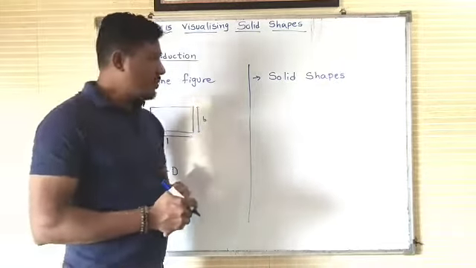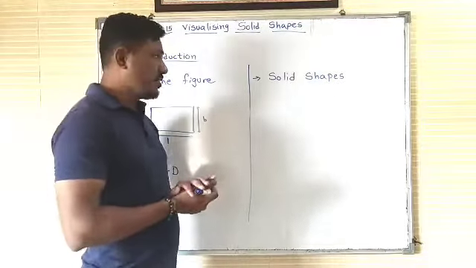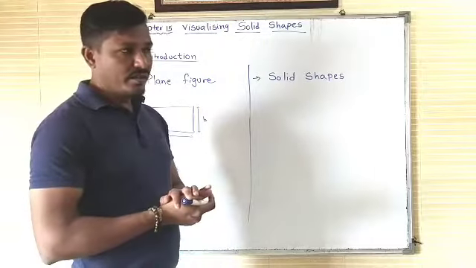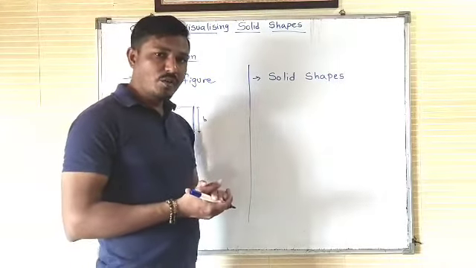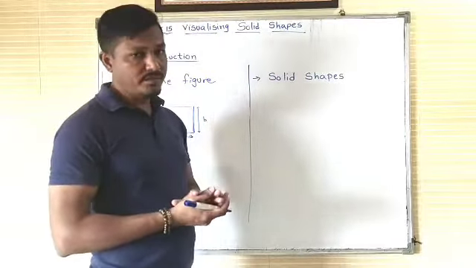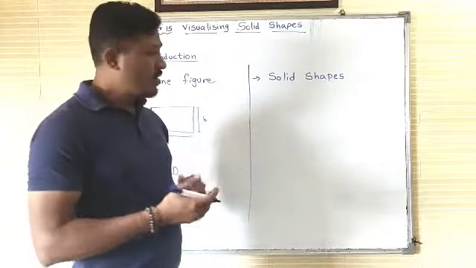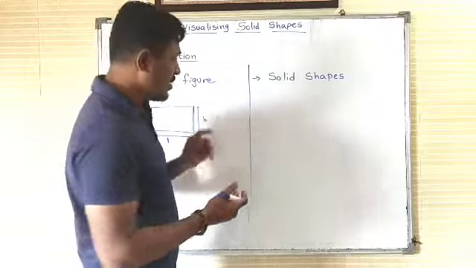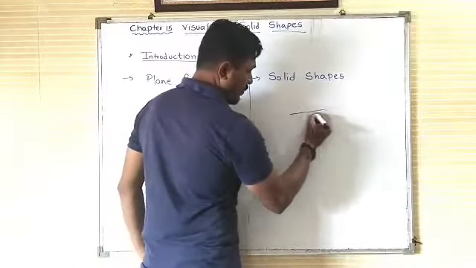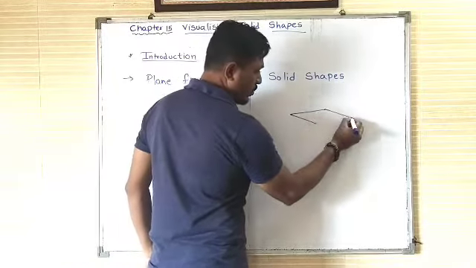Now, the next topic is solid shapes. So, what are solid shapes? Take for example cube, cuboid, cylinder, sphere, pyramid. All are examples of solid shapes. Now, let us draw one cuboid over here.